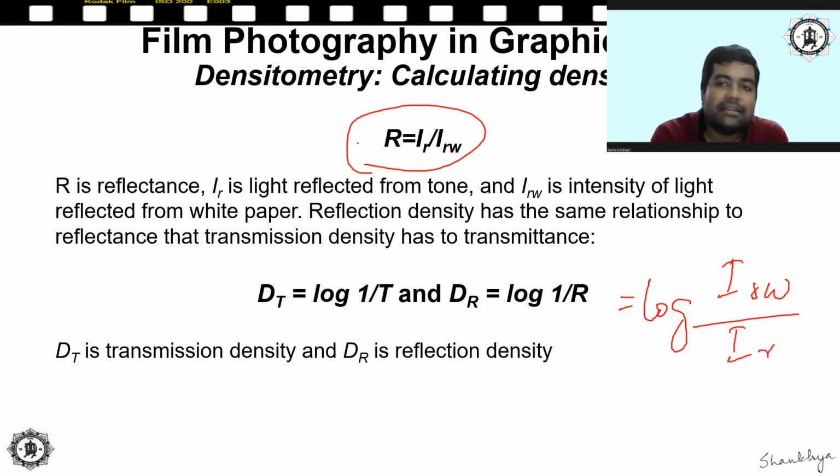Similarly, we can add another relation for transmission density also, saying transmittance is the ratio between the intensity of light which is transmitted to the intensity of light which is incident.